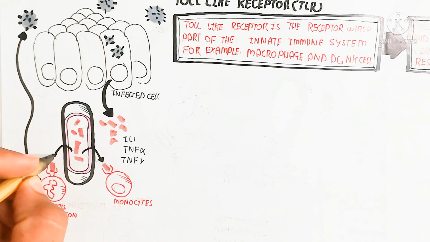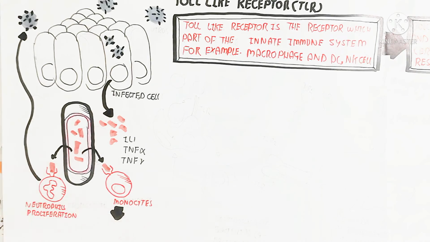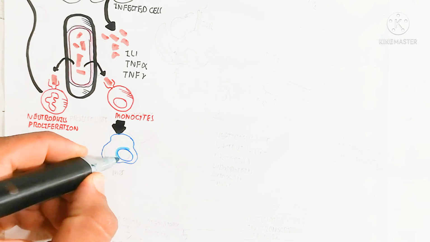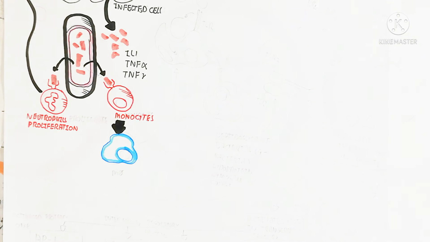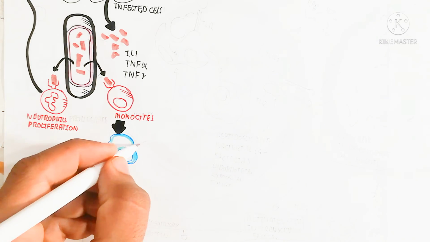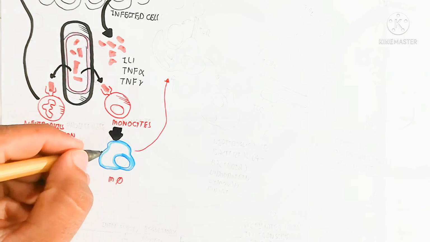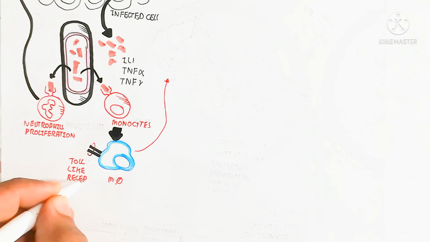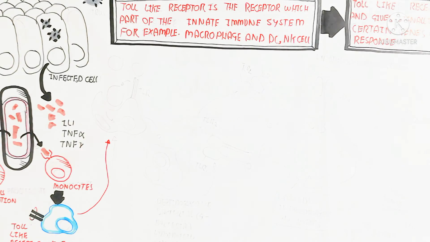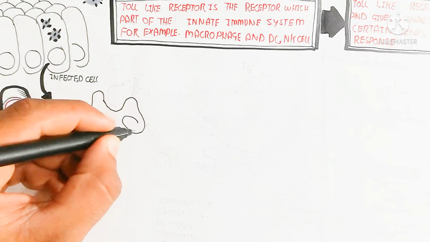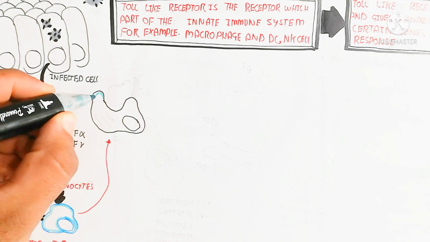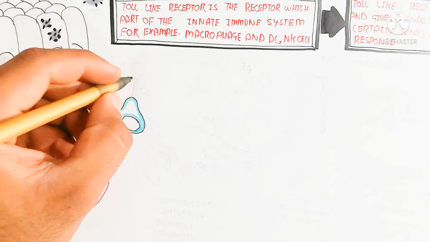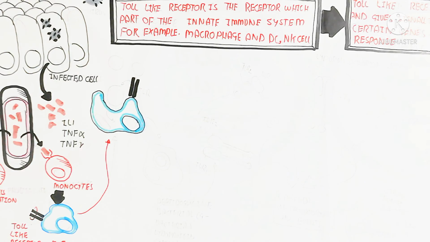After that, the macrophage will produce the toll-like receptor, and this will lead it to go to the infection site. This is positive chemotactic movement, through the chemoattractant, and in this way the macrophage will move toward the infection site and detect the virus or antigen through the toll-like receptor.